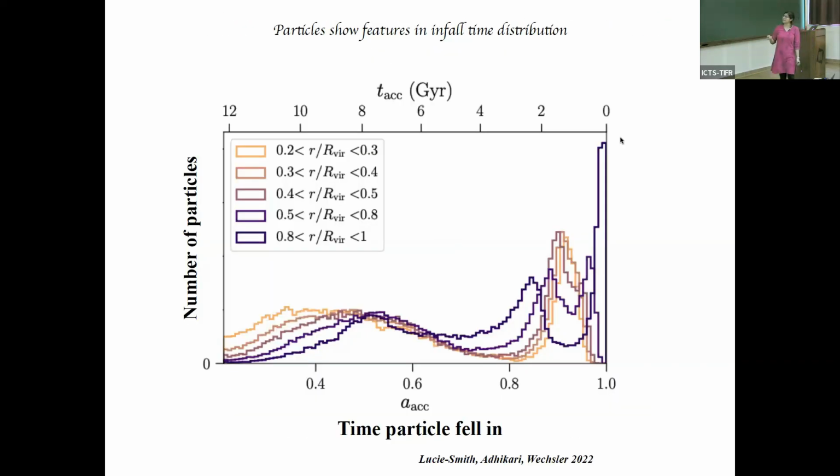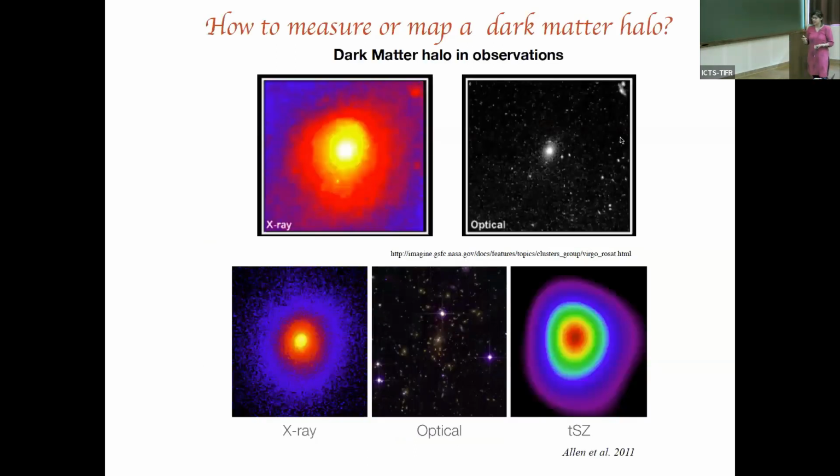So in any case, I wanted to show this because it's nice to think of the halo as being formed of these different parts that have been brought together at different times. And in principle, we could try to back out that information from observations.